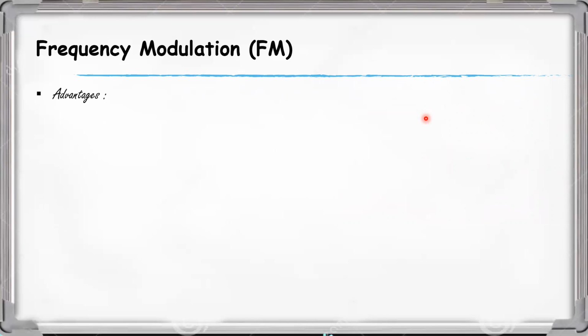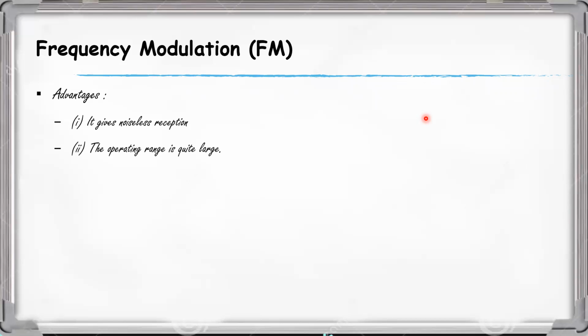Then the advantages of frequency modulation. Here, some of the limitations of amplitude modulation are overcome by frequency modulation. That is, it gives noiseless reception.